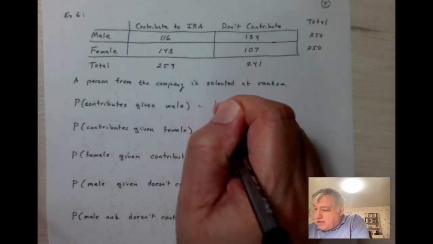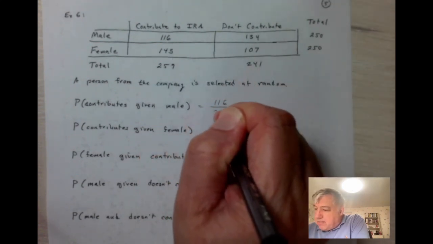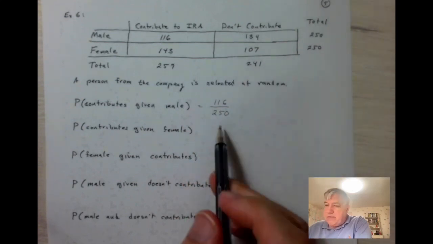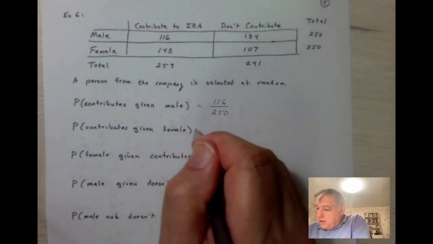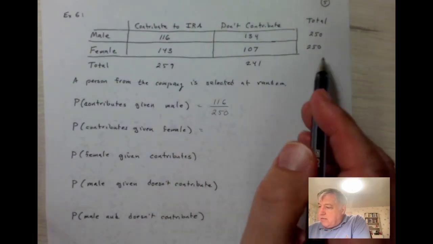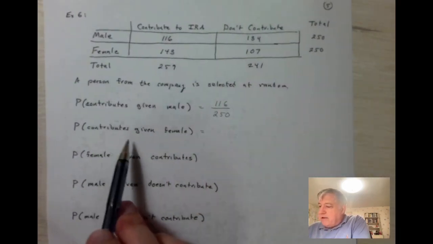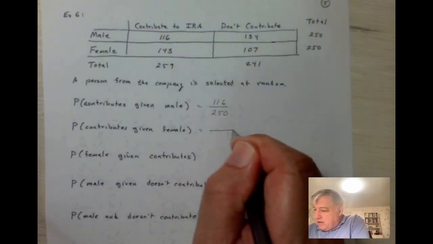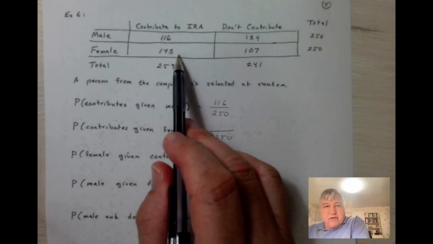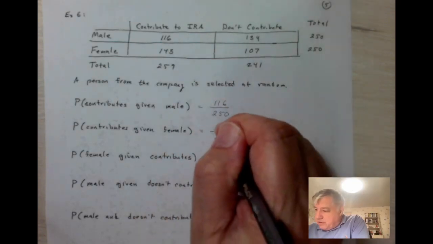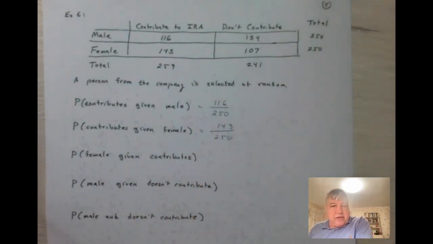So this would be 116 over 250, where this 250 comes from this number here. Given that they're female, the probability that they contribute given they're female, we have 250 females, out of which 143 contribute. So the probability here would be 143 over 250.